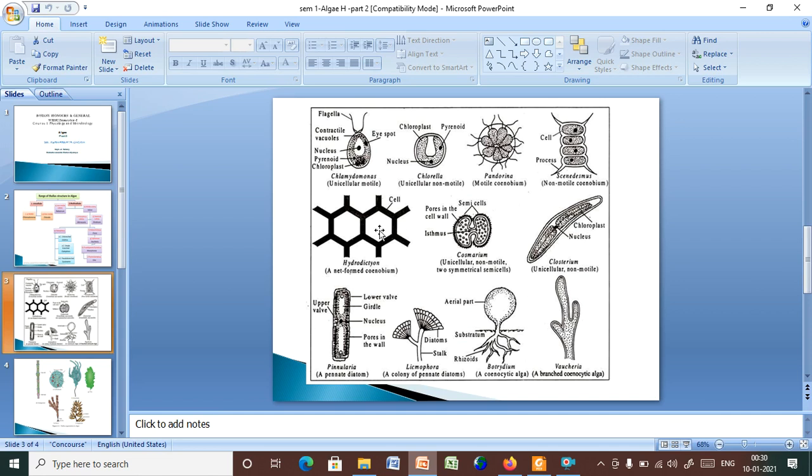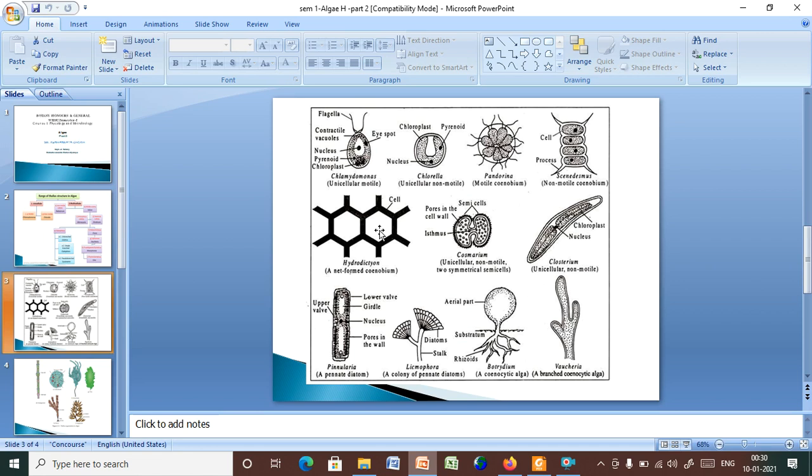Next, the motile coenobial type. Firstly, motile coenobial or colonial type, and then we will discuss non-motile coenobial. In this type, a group of unicellular cells with their flagella protruding out are grouped and embedded within a gelatinous sheath to form a more or less rounded motile colony or coenobium.